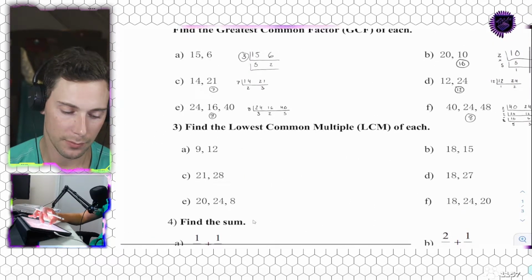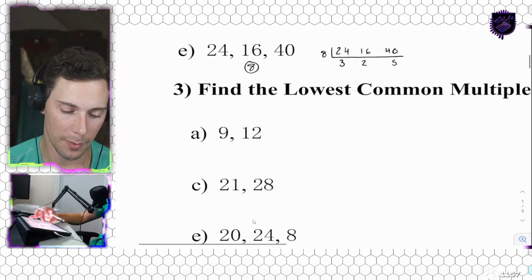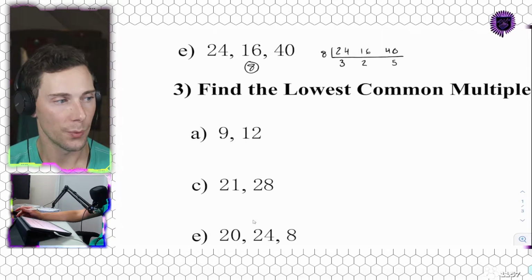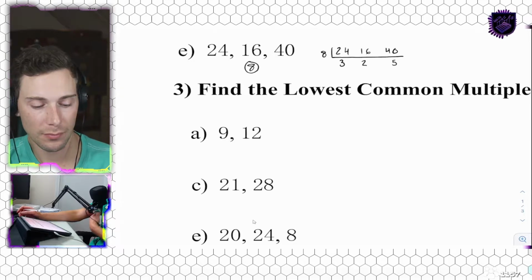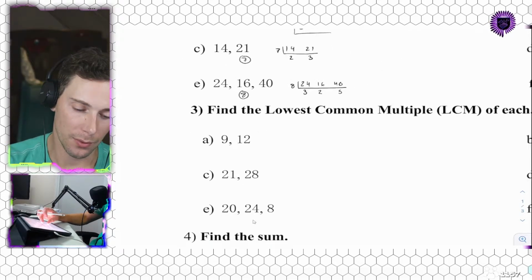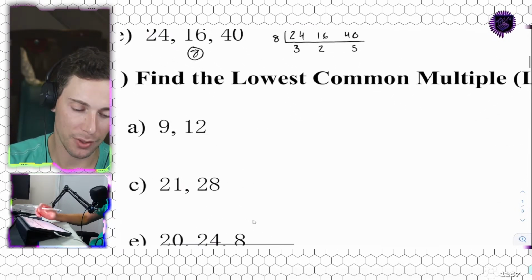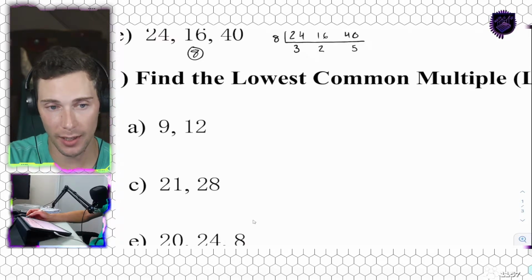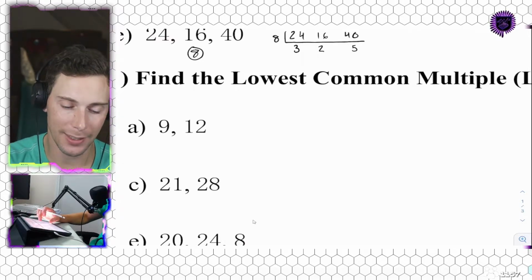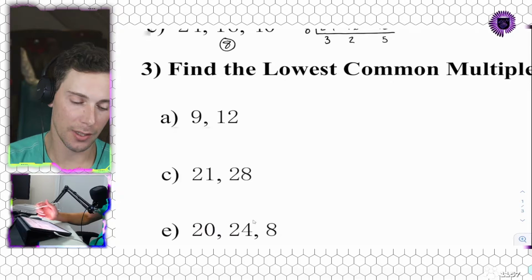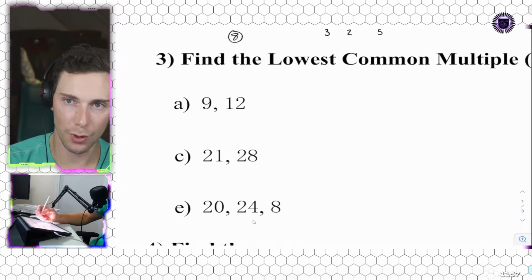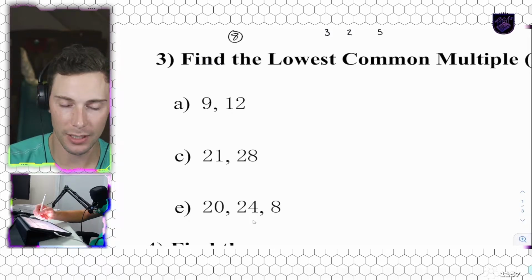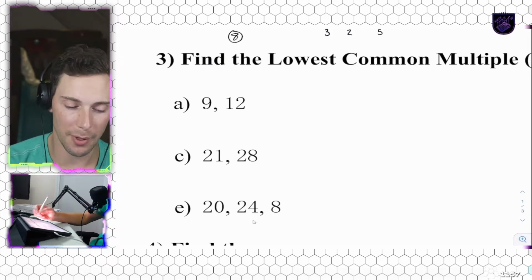All right. Lowest common multiple. We'll also use the ladder method for this. So a number that they both multiply into, 9 and 12. And if you know your multiplication table, you can kind of get there, but growing a strategy with easier numbers is the best way to practice.